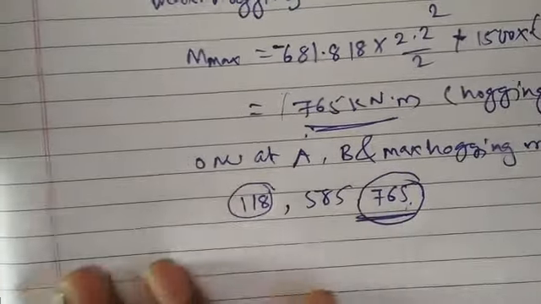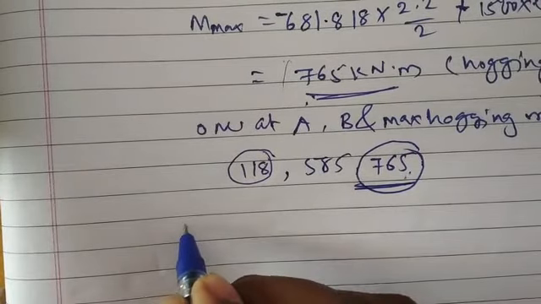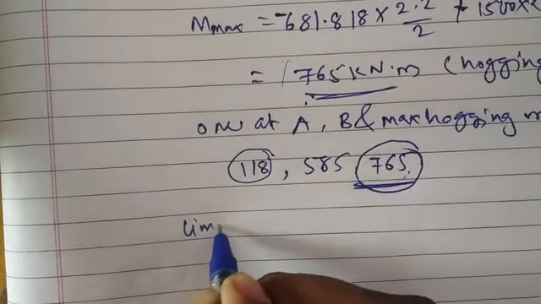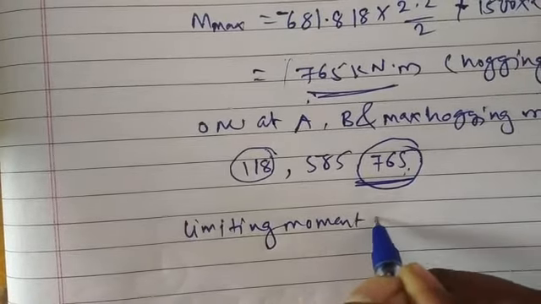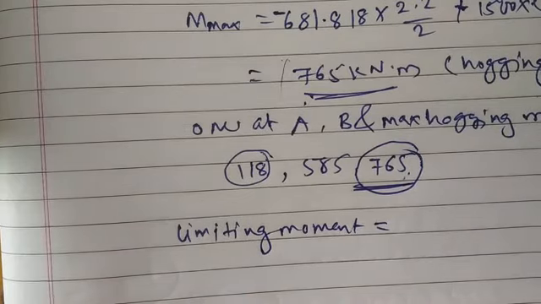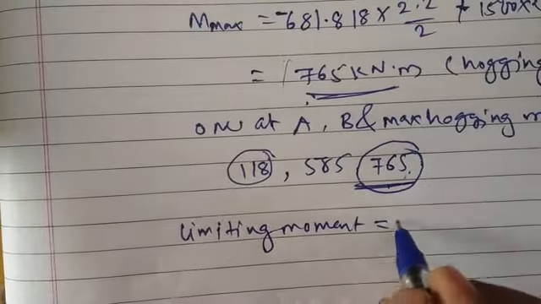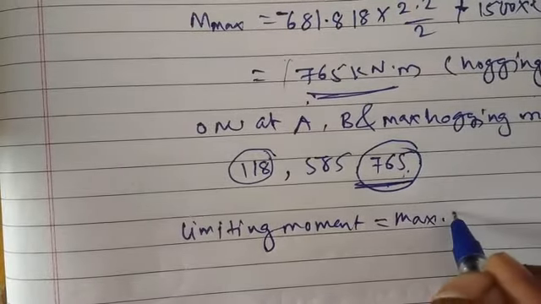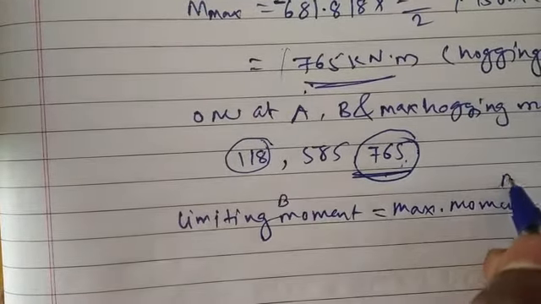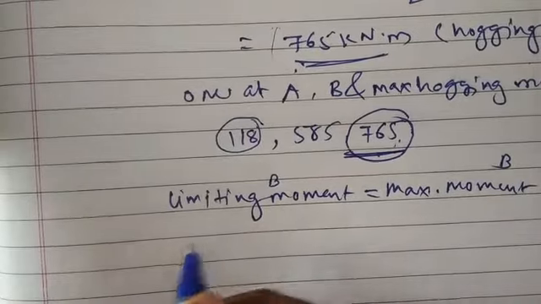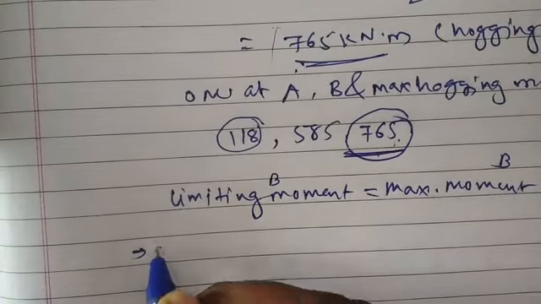So we all know that the trial depth from bending criteria is calculated by equating limiting moment with maximum bending moment at any section. So this is the maximum bending moment. So we'll equate this with the maximum bending moment. Okay, so these are bending moments. So the formula for limiting moment varies with grade of steel.